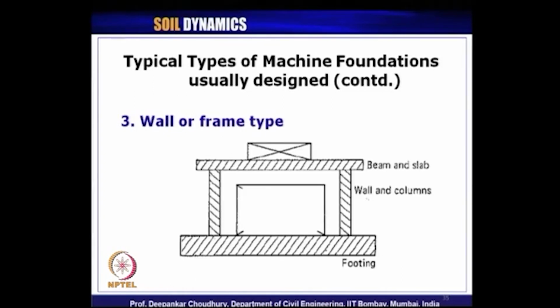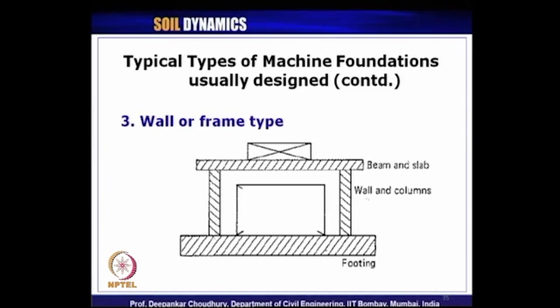And the third category of machine foundation is wall or frame type. It is like the structural frames we go for: we have a footing, then walls and columns, and then a beam and slab, on top of which we position the machine. That is called wall or frame type of machine foundation.